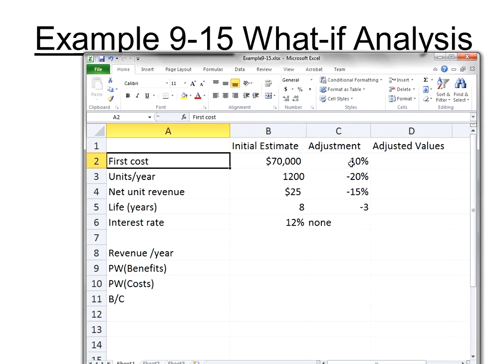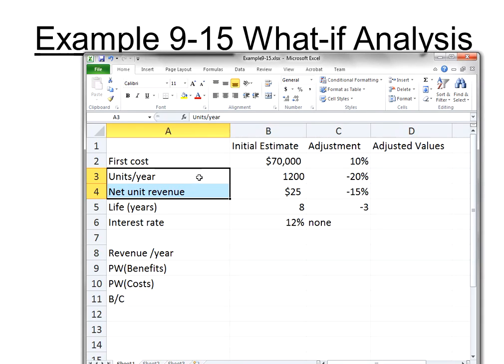So we're going to give this adjustment of 10%, assuming that our initial estimate might not be correct. And also in terms of benefits, the units per year and net unit revenue are our benefits. So we tend to overestimate the benefits, and we're also going to try to compensate for this typical overestimation.